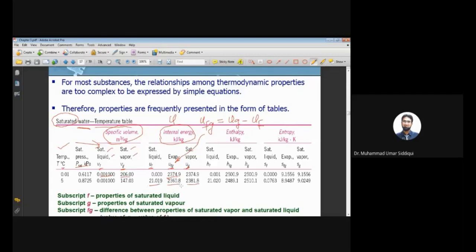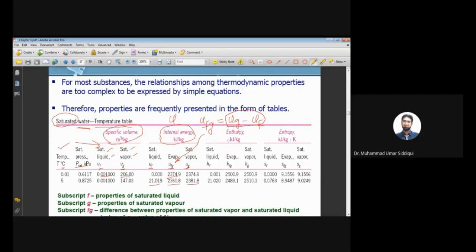You might say that I can do this calculation myself, what was the point of putting this in the table? But okay, to make your life a little easier, maybe. But UFG only means UG minus UF.